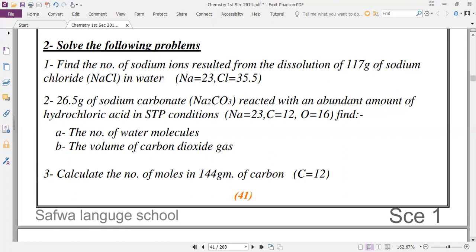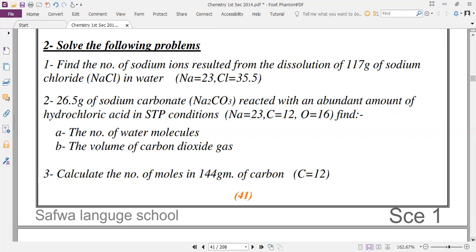The number of moles equals mass of substance over molar mass. 26.5 divided by 106 equals 0.25 mole.